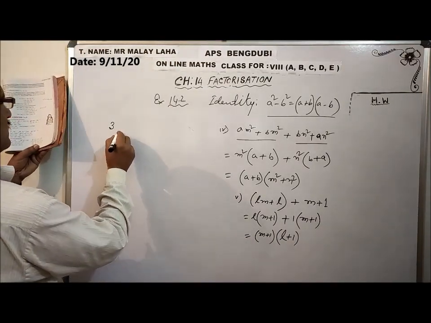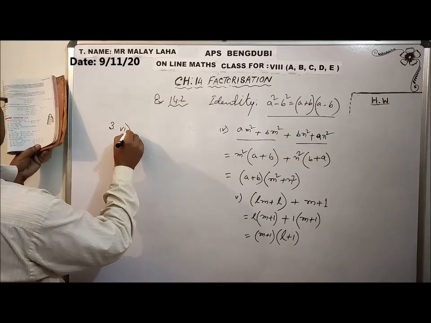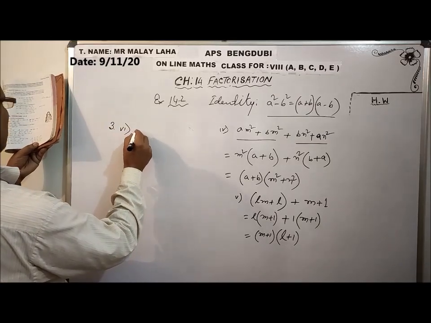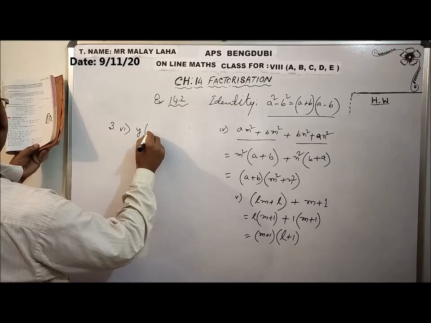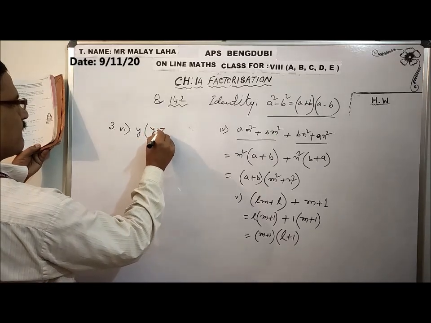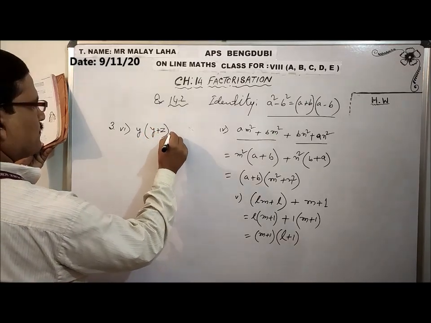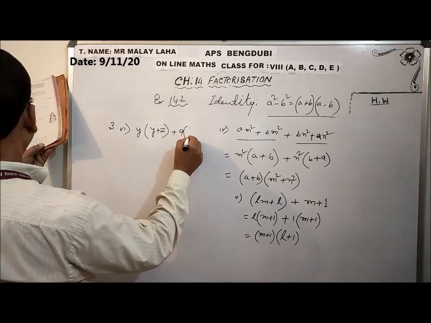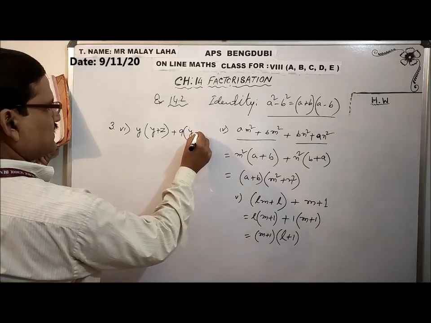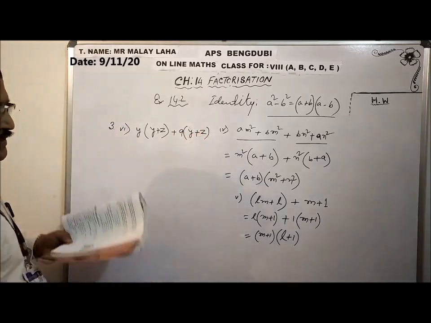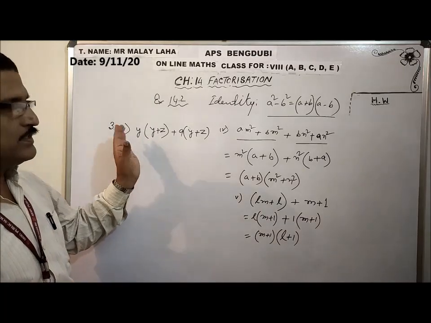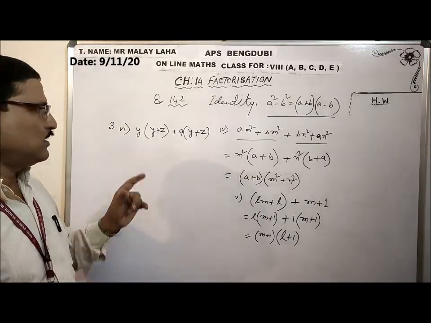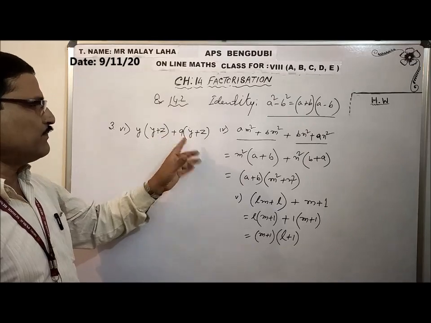Now question number 6, part 6. It is y into y plus z, then plus 9 into y plus z. Very simple, very simple. You see, already half the part is factorized. Y plus z and y plus z.